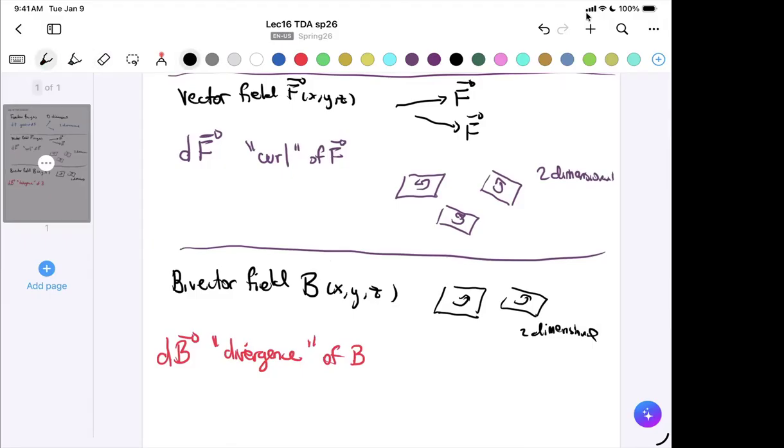I'll draw a parallelogram as a subscript just to remind you that by bivector field I mean some sort of parallelogram. So that would be some sort of oriented box, because it's going to be three-dimensional.